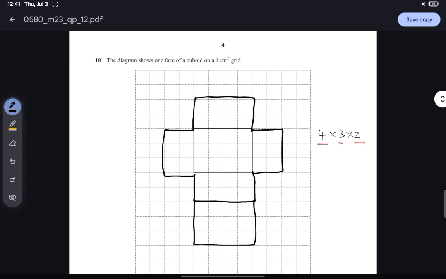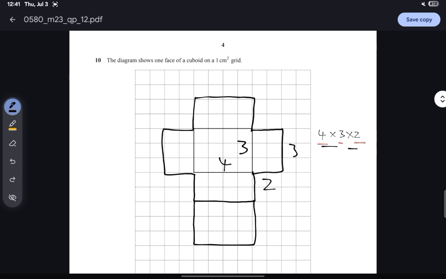If you look closely, if we fold this, we'll get a cuboid with these dimensions. So this is 4 and this is 3. Sorry, let me rub that out. This is 4, 4 and 3, and this is our 2.